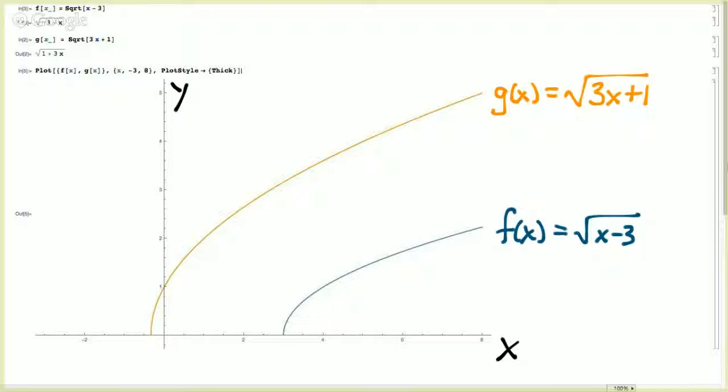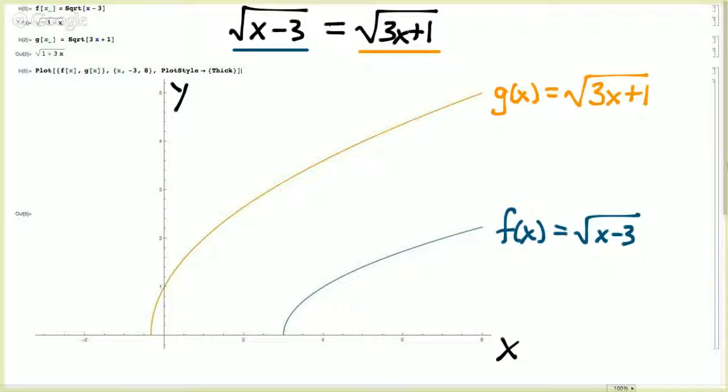And so in the question that we just looked at, what we were trying to do was solve the equation square root of x minus 3 is equal to the square root of 3x plus 1. Remember, this is the expression that defines our orange graph, and there's the expression that defines our blue graph. What we're looking for is a point of intersection.